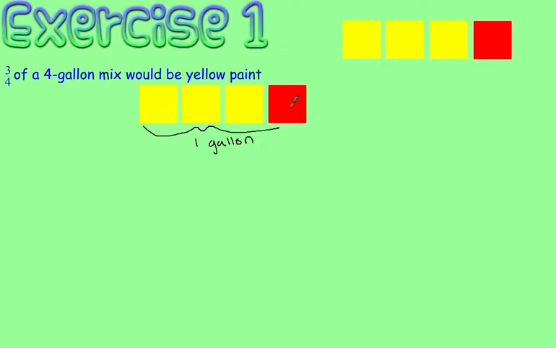Well, if this makes up 1 gallon and we want to remain consistent in our mixture, then the next gallon should also be 3 to 1, and 3 to 1. So if we look at our mixture as a whole, we have 4 total pieces and 3 of them are yellow.